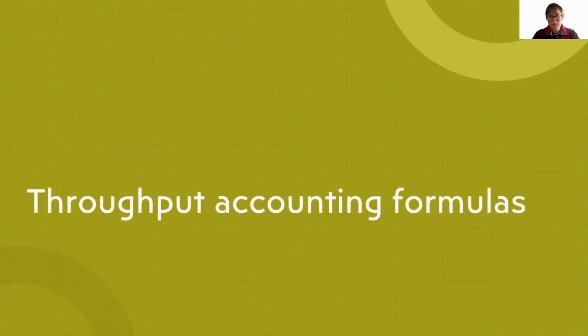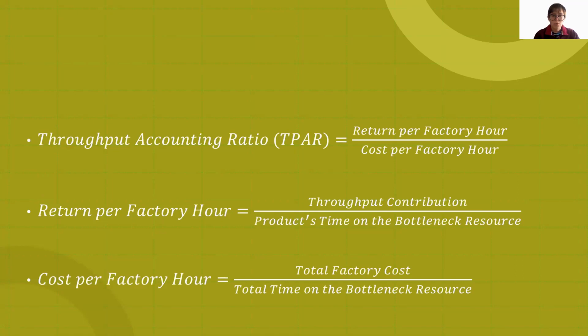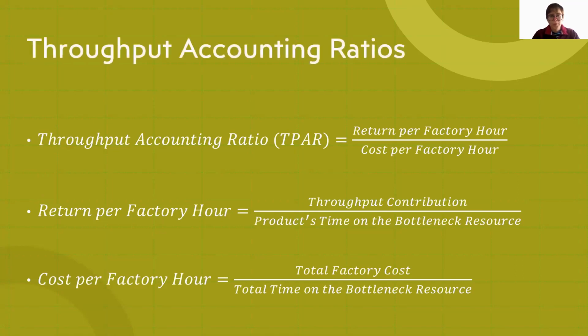So obviously there are some accounting formulas that you do need to be aware of when dealing with throughput accounting. So here we go. The first one that you need to know is how to calculate the throughput accounting ratio. So we can calculate this by doing our return per factory hour divided by our cost per factory hour. However, we need to be confident with how to calculate both those figures.